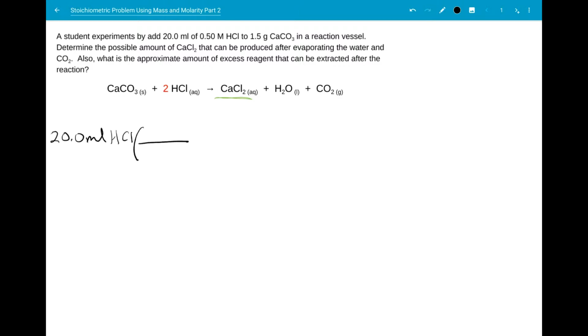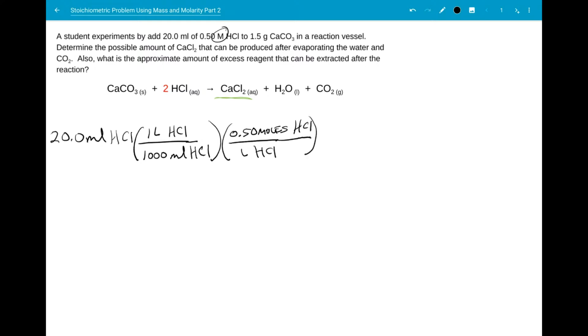I know that the M over here is molarity, which is moles over liters. So I need to convert milliliters to liters: 1 liter HCl per 1000 mL HCl. Now I'm in terms of liters, so liter HCl to 0.50 moles HCl.